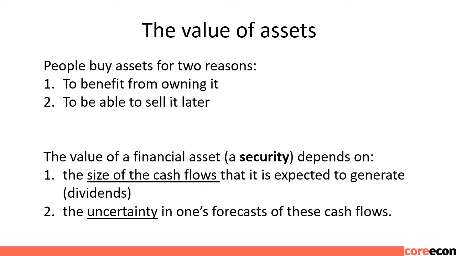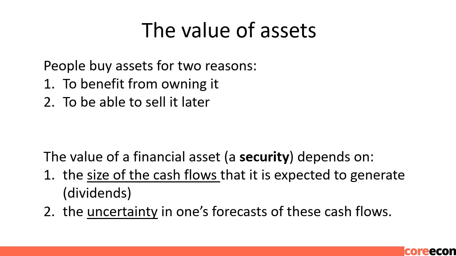People buy assets for two reasons. 1. To benefit from owning it, such as enjoying living in the house. 2. To be able to sell it later and make a gain if the price of the house has gone up. The value of a financial asset, a security, such as a stock, bond, or mutual fund, depends on 1.